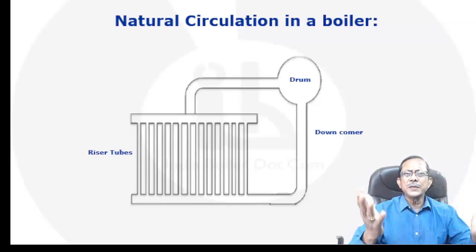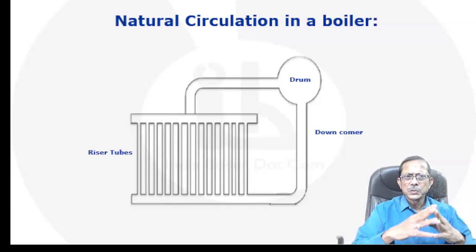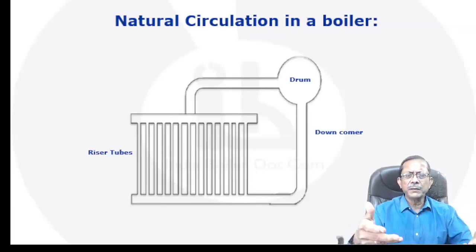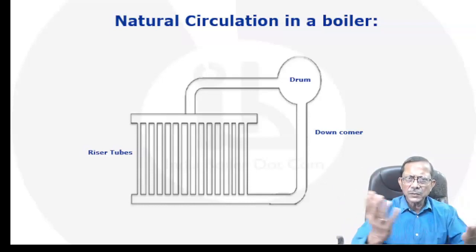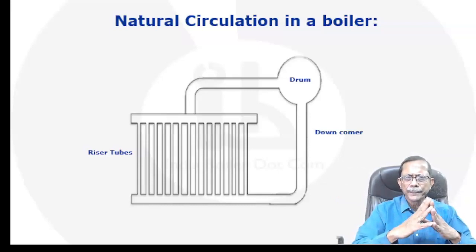And then there is the furnace water wall circuit, which are basically the riser tubes. So there is a steam drum, downcomer, the bottom ring header, and a number of riser tubes creating the water wall section, the furnace section where the combustion is taking place.